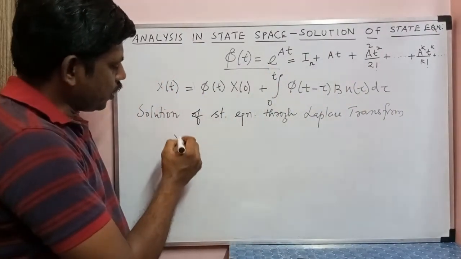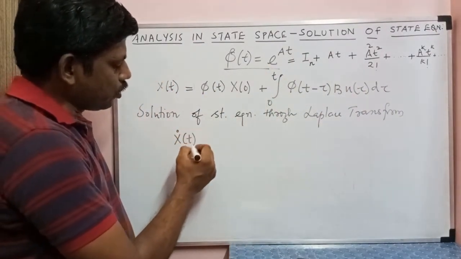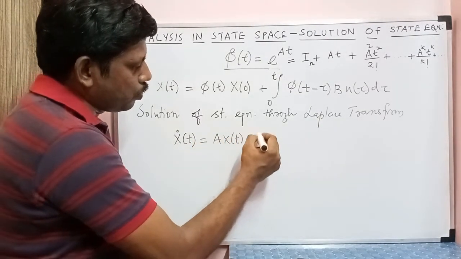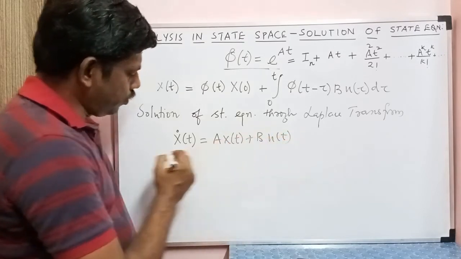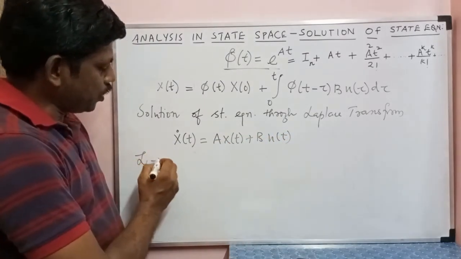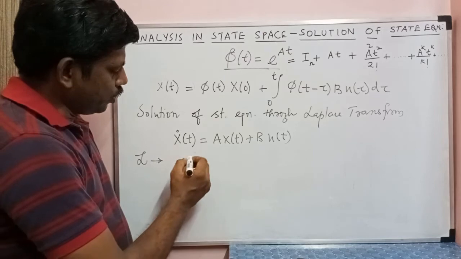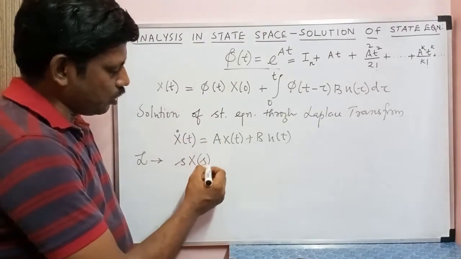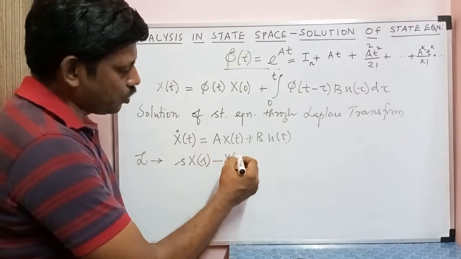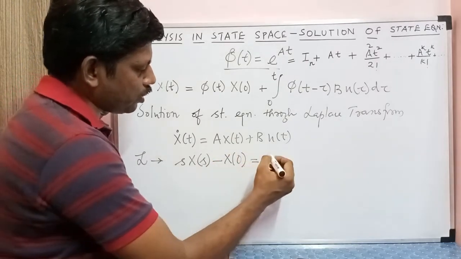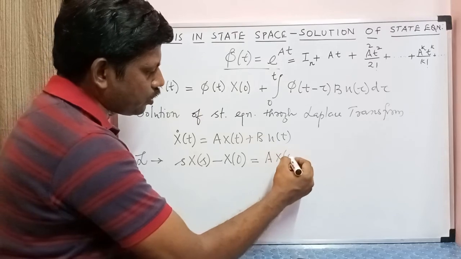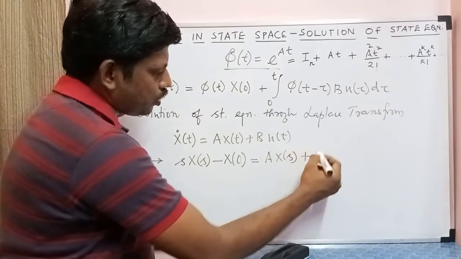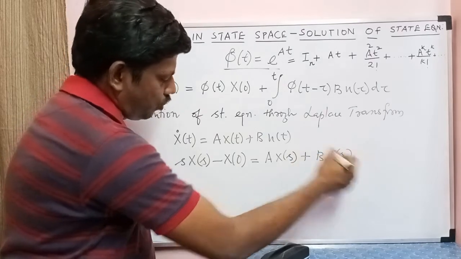Okay, the state equation is x dot of t is equal to A x of t plus B u of t. Let us take a Laplace transform. This is a first order derivative, therefore s into x of s minus x of 0, the initial condition, equals A into x of s plus B into u of s.